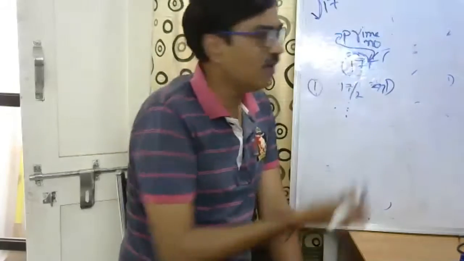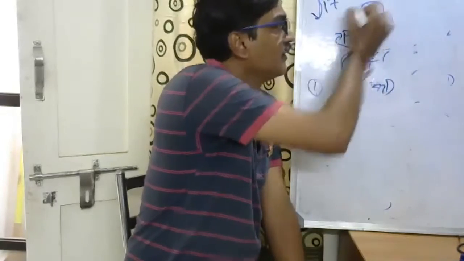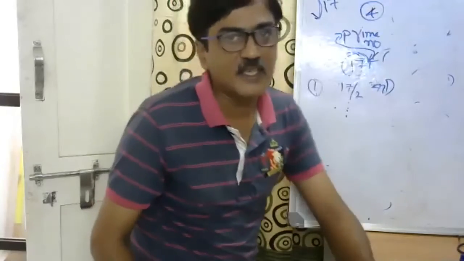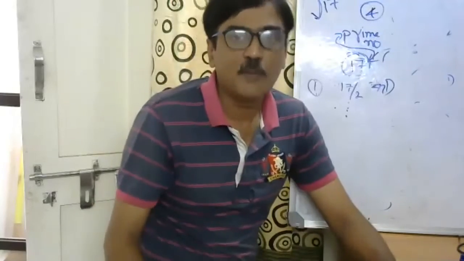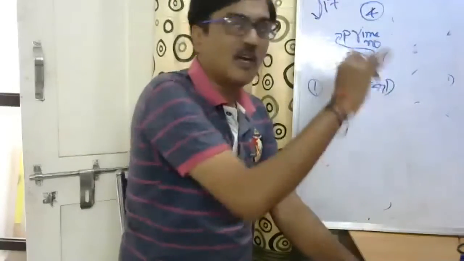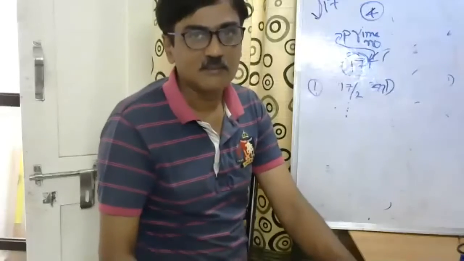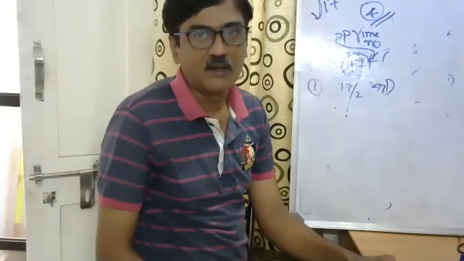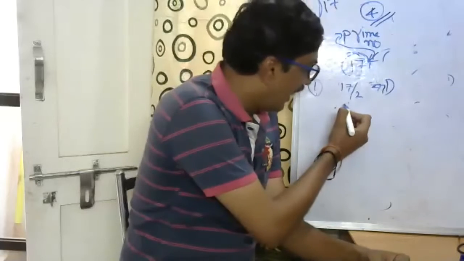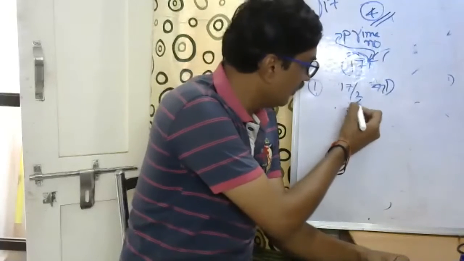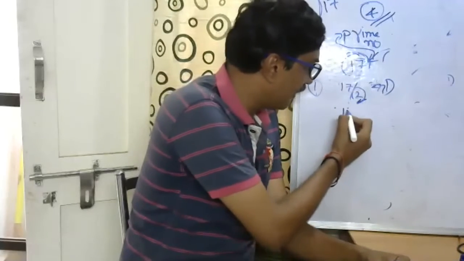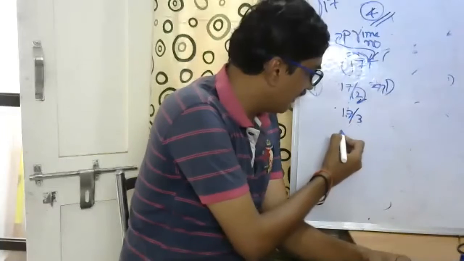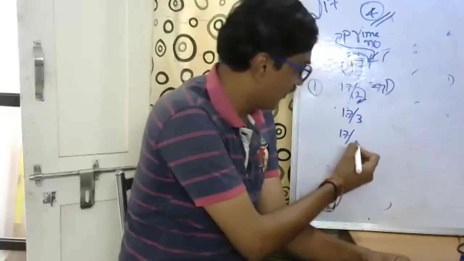Square root of 17 is 4 point something, because square root of 16 is 4. 17 should be 4 point something only. So I'm not bothered about that point something. I just consider the integer part of that result. So I would be going from 2: 17 divided by 2, 17 divided by 3, and 17 divided by 4.